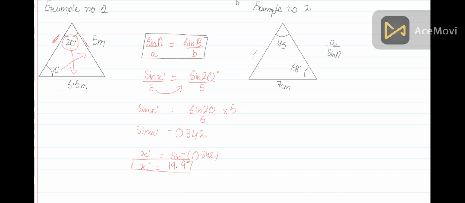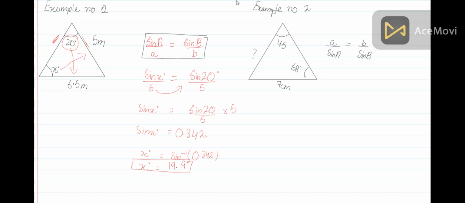But this formula that I'm writing will be easier for you to find the solution directly. You don't need to shift the denominator and numerator. This way of writing is preferable when you have to find the length of the non-right angle triangle.